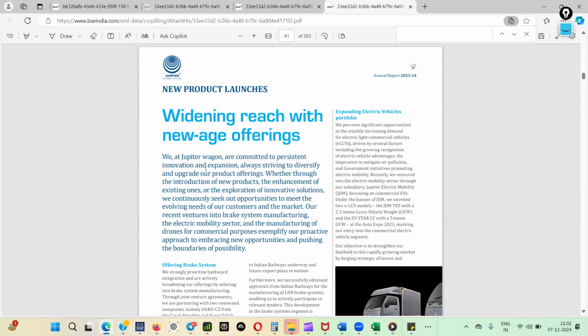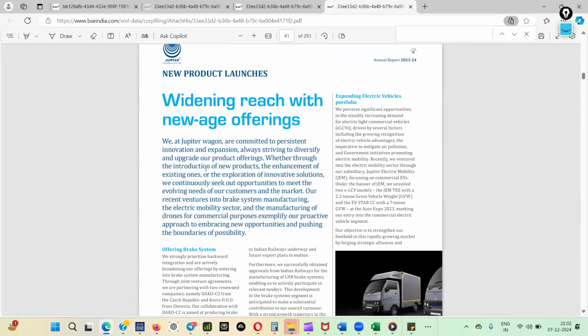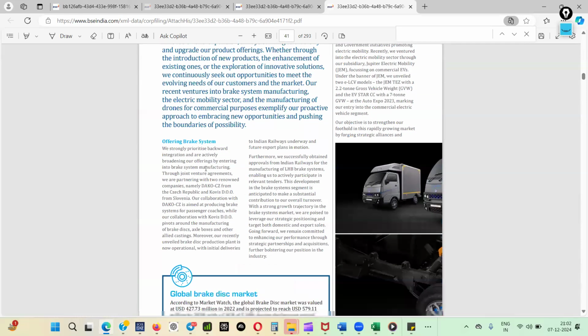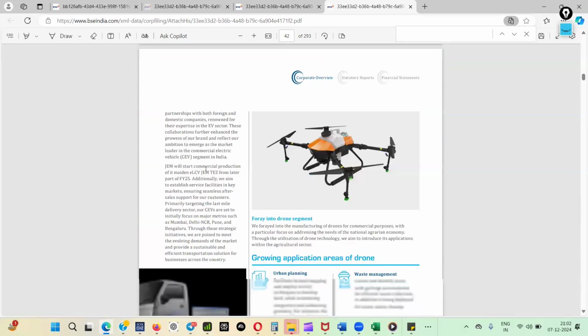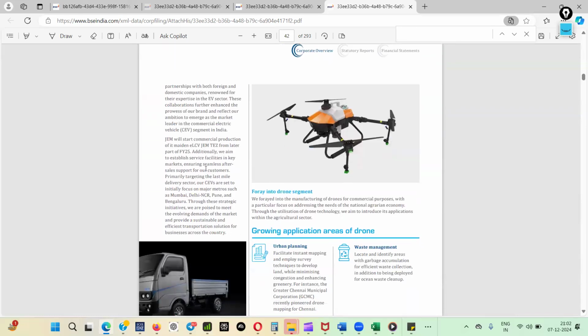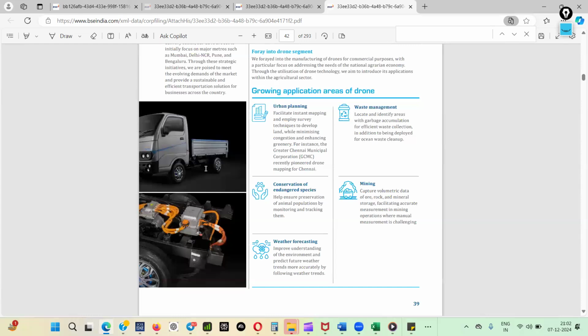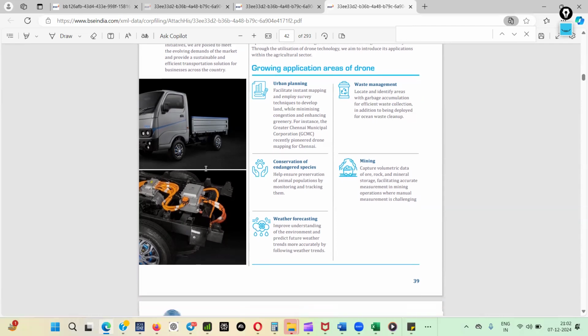We at Jupiter Wagons are committed to persistent innovation and expansion. They are talking about EV-related things, offering brake systems for the drone segment. Fine. So growing applications of drones in urban planning, waste management, mining. All these things they are talking about.